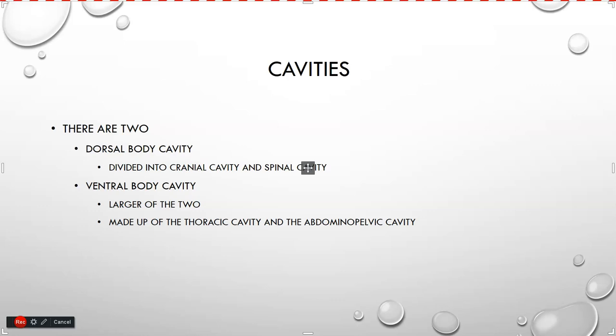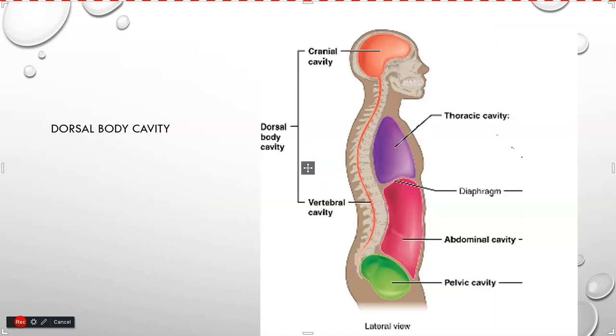The second major cavity is the ventral body cavity. Remember, ventral means to the front. The ventral body cavity is the larger of the two, and it is subdivided into the thoracic cavity and the abdominal pelvic cavity.